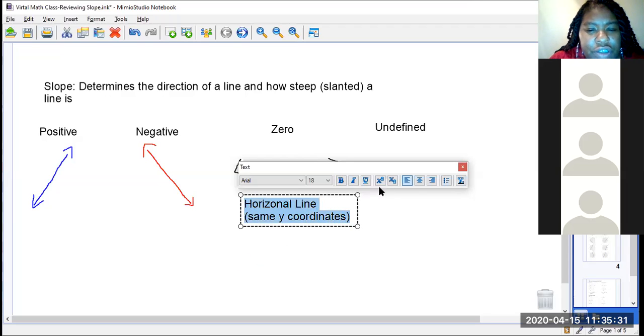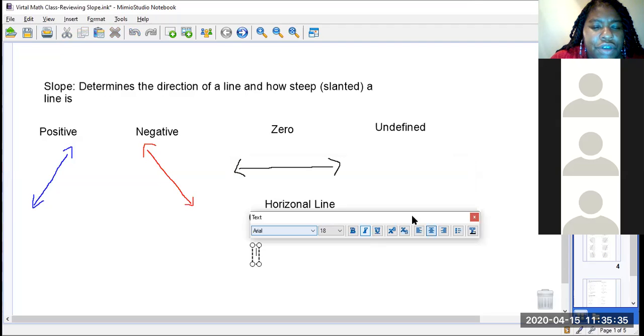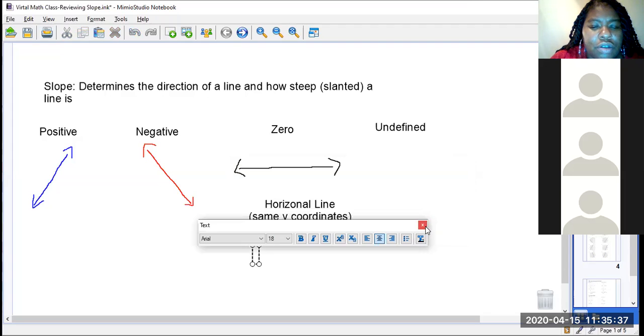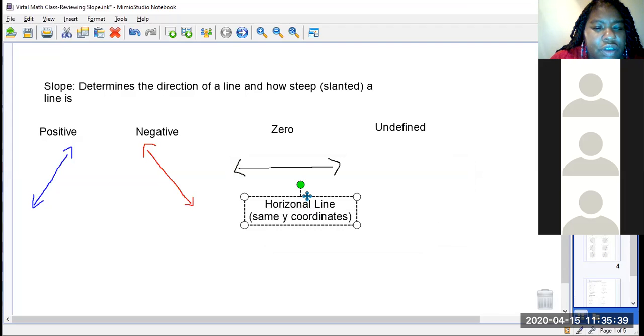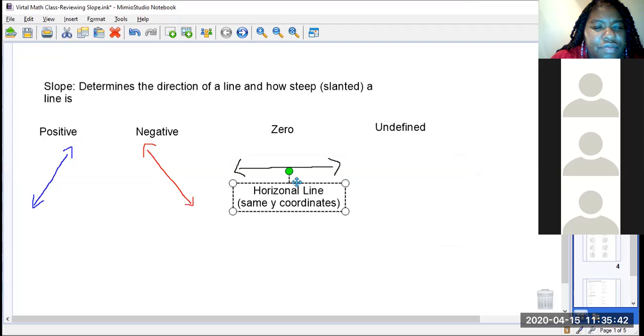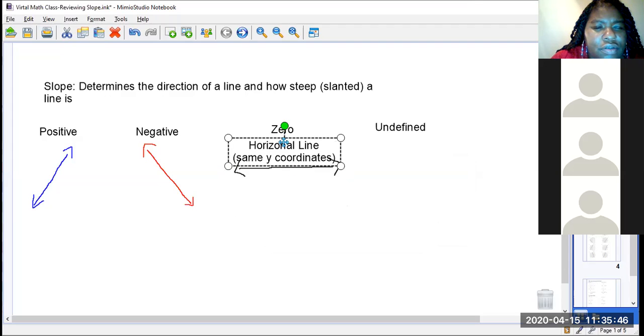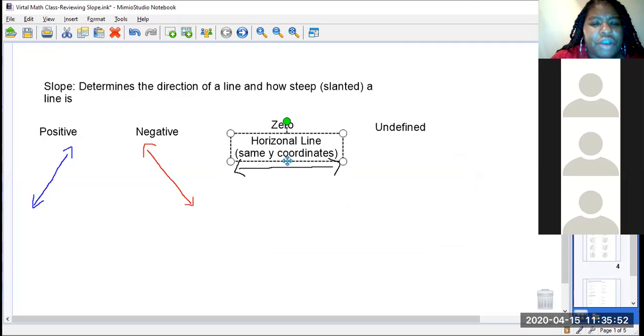Same y coordinates. Okay, so remember, let me move this up a little bit. There we go.